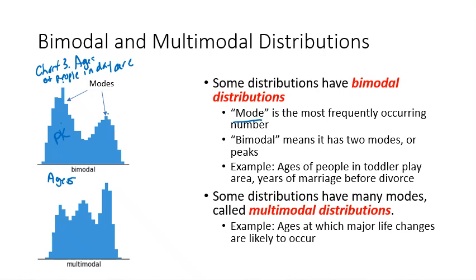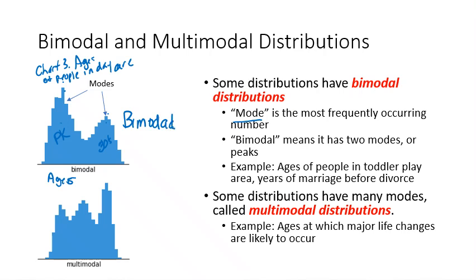I'll write preschool here. And maybe we also have a lot of people in their 30s or so who are serving as the care providers. So we'd have a lot of people here, we'd have a lot of people here, we have two modes. This is called a bimodal distribution, and that's a term you'll want to become familiar with.